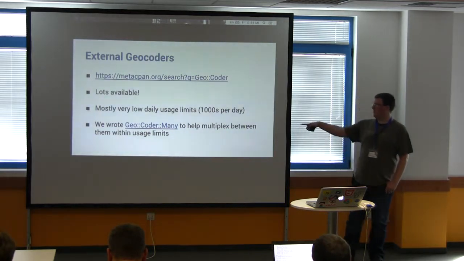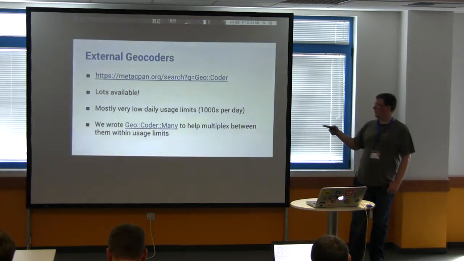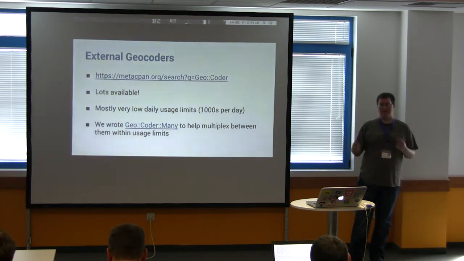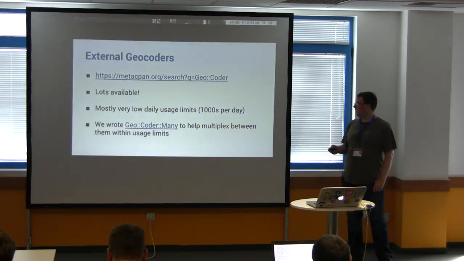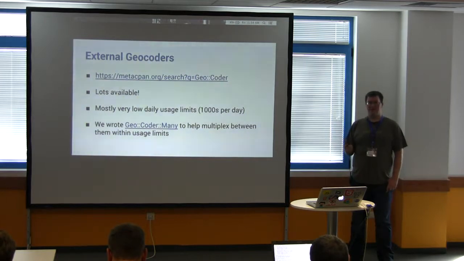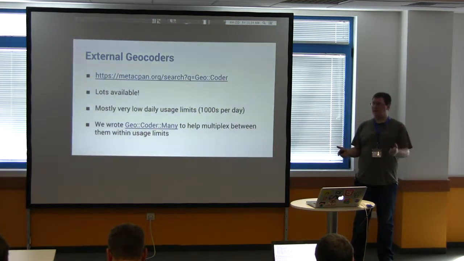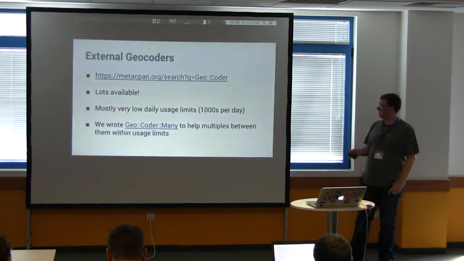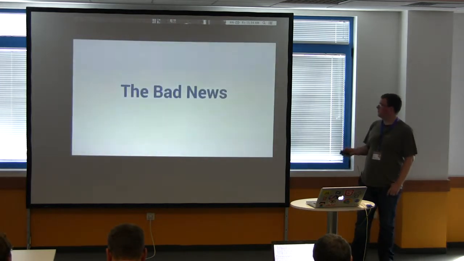And we've actually written, a few years ago now, Geocoder::Many to help you multiplex between those and keep within the usage limits in that case. And so our geocoder takes the external ones where it thinks it should contact the external one, takes our internal geocoder and picks a winner between those options.